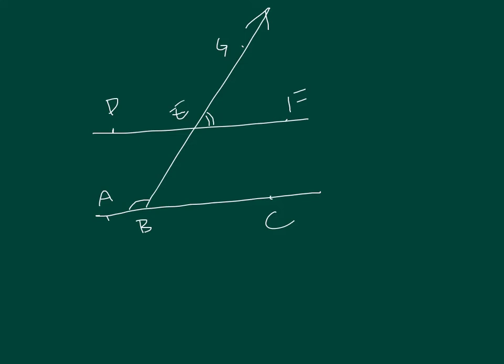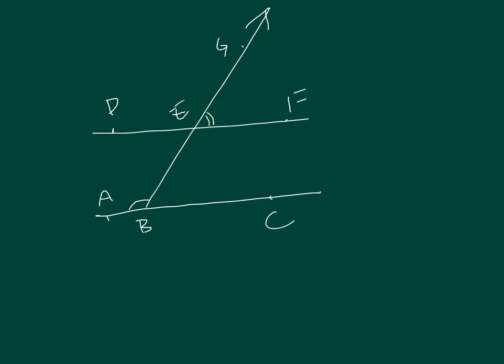Choose the correct reasons for step number 8 in the following proof that line AC is parallel to line DF. BG intersects segment AC and DF at points B and E, that's given. Angle ABG and GEF are supplementary, that's also given. The measure of angle ABG, which is this one, plus GEF equals 180.